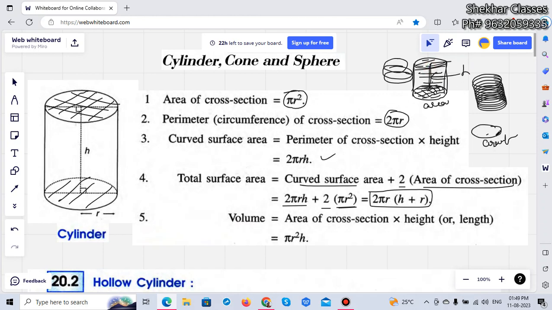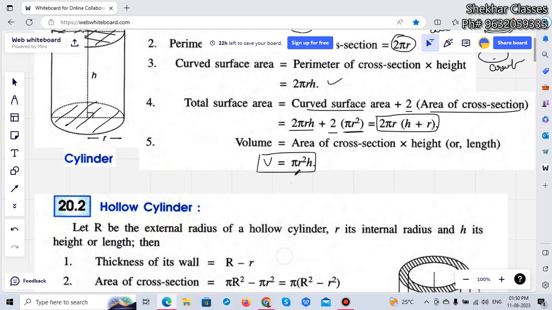Remember, the circumference of the base into height will give you the curved surface area, and the area of the base, which is the circular base or cross section, into height will give you the volume. Volume is pi r square, the area of the base, and height is h. So volume is pi r square h. Remember, these are the formulas, you have to note them down. So we can use that.